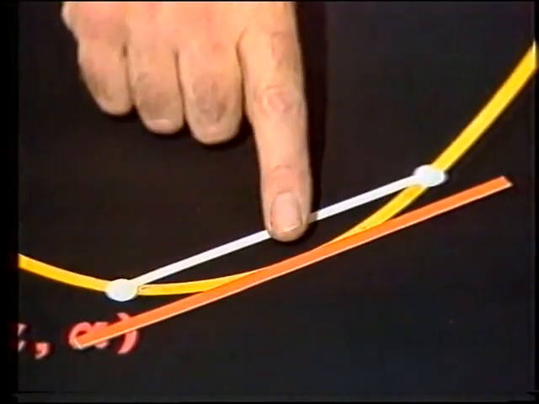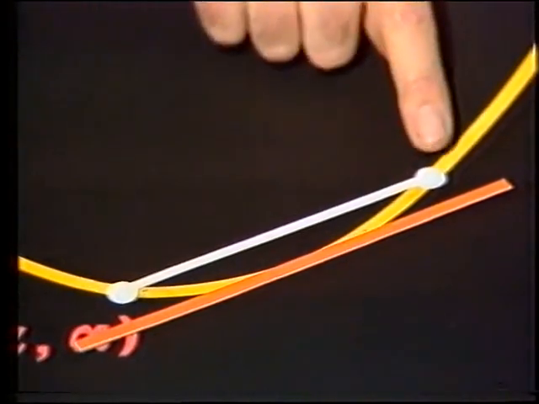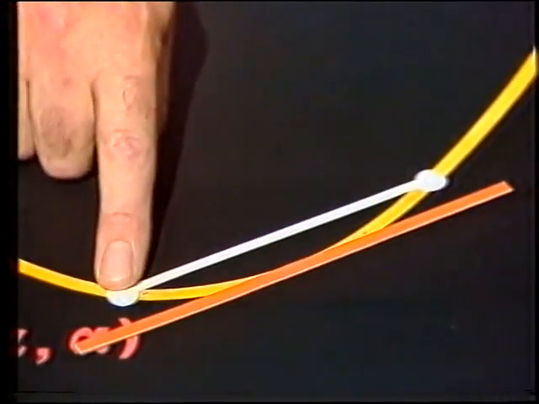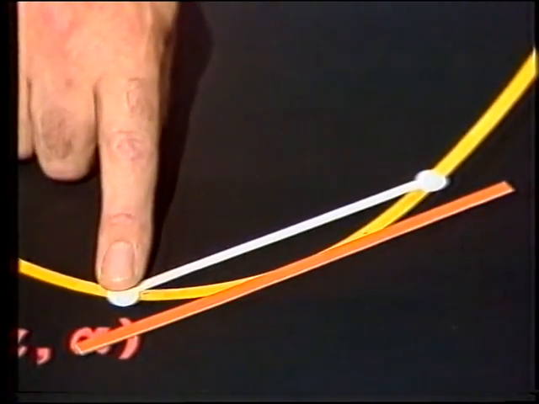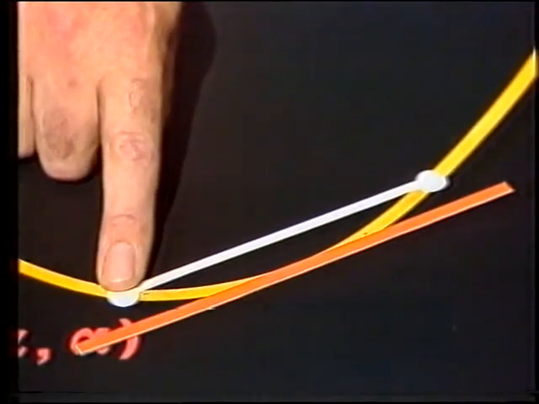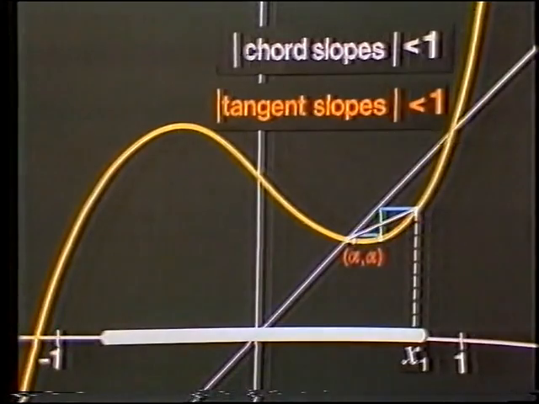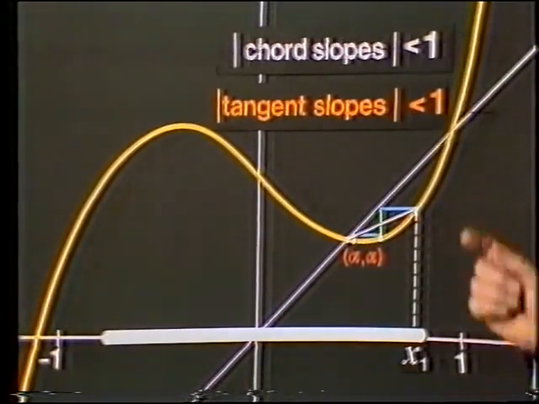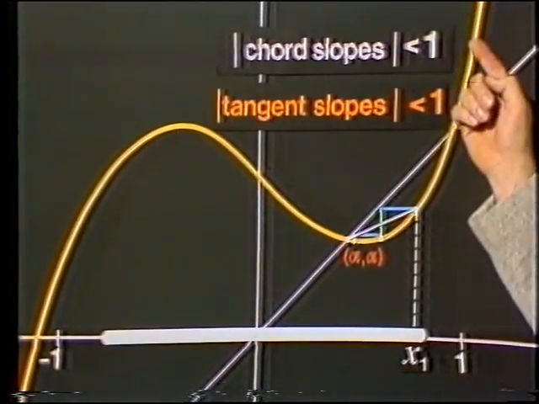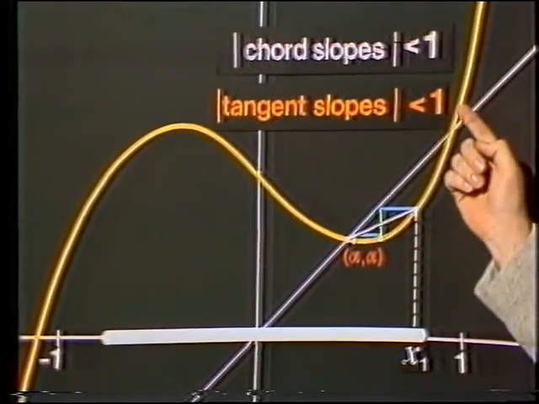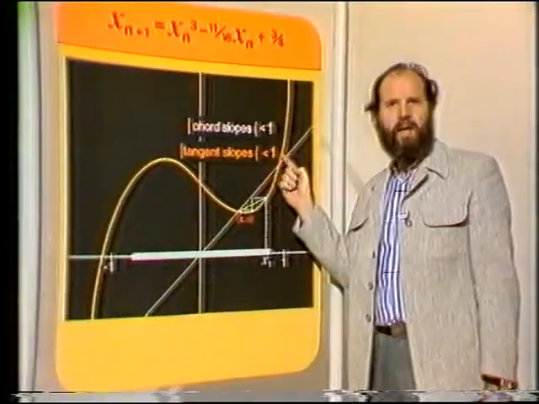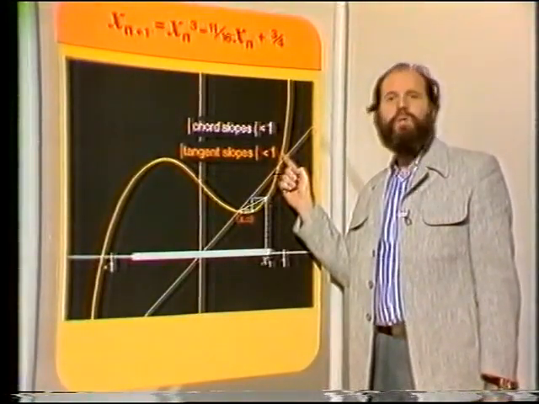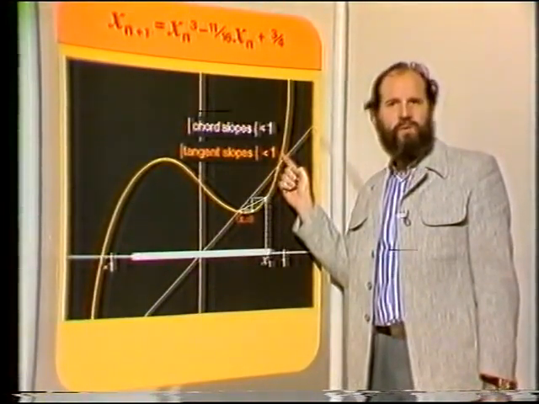And the tangent touches the curve at a point between the endpoints of the chord. Now, tangent slopes are something that we know how to calculate. So I reckon that instead of my difficult condition on chord slopes, it will be just as good to use a tangent slope condition instead. And this tangent condition will tell me what I want to know about the chords.